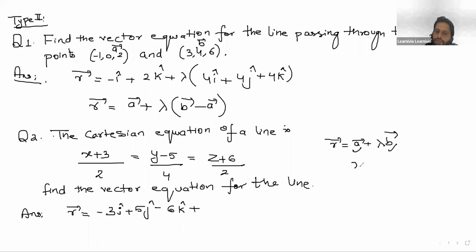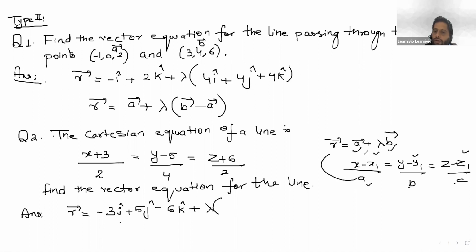From this we make the Cartesian form x minus x1 by a, y minus y1 by b is equal to z minus z1 by c. x1, y1, z1 are the points through which the line is passing. So from this you get A plus lambda times this B, where a, b, c belong to R. This vector B is 2i cap plus 4j cap plus 2k cap. Is it clear, Josefa? Josefa, is it clear? Okay, great.